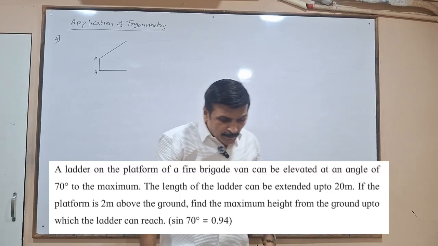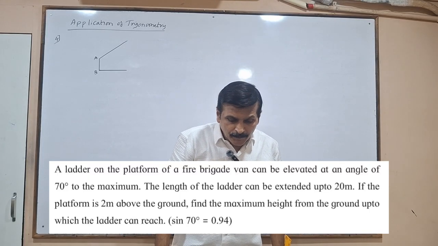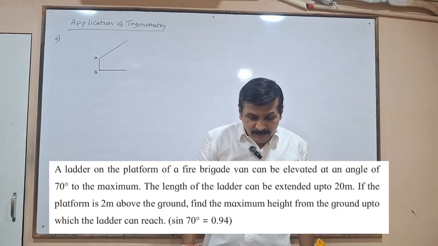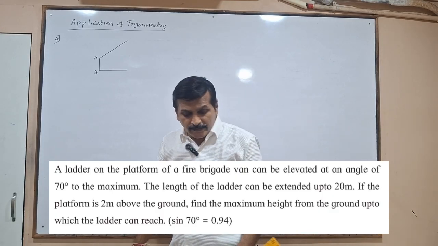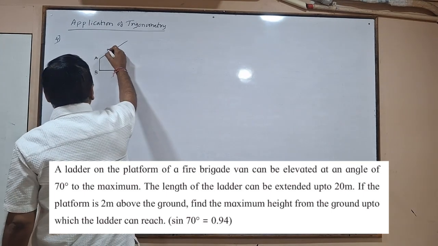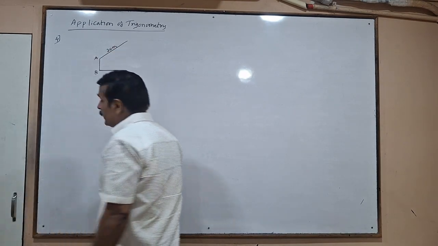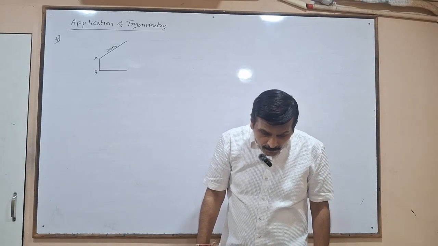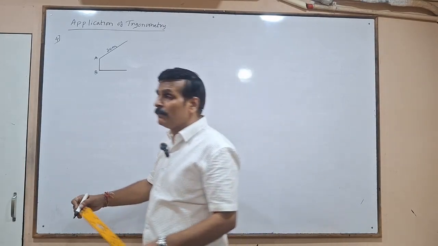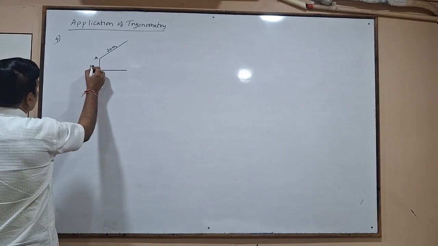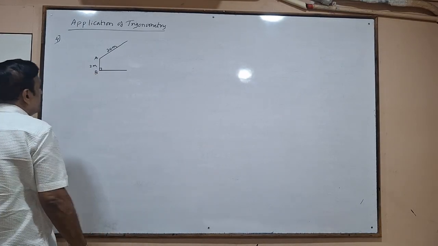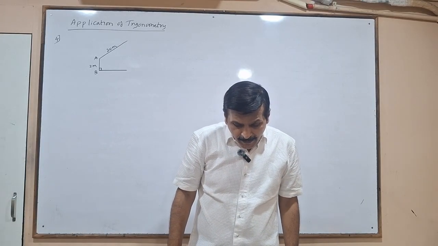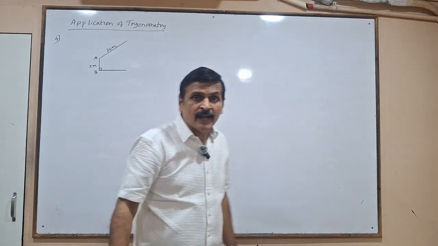A ladder on the platform of a fire brigade van can be elevated to an angle of 70 degree to the maximum. Length of the ladder extended maximum is 20 meter. So 20 meter is the length of the ladder. If the platform is 2 meter above the ground, so this platform is 2 meter above the ground, find the maximum height from the ground up to which the ladder can reach.